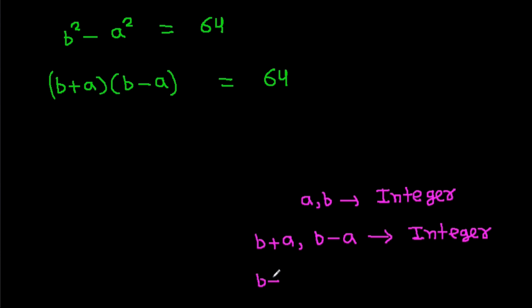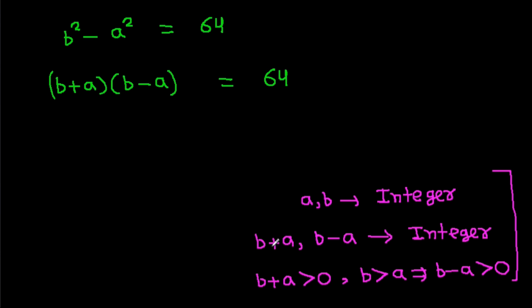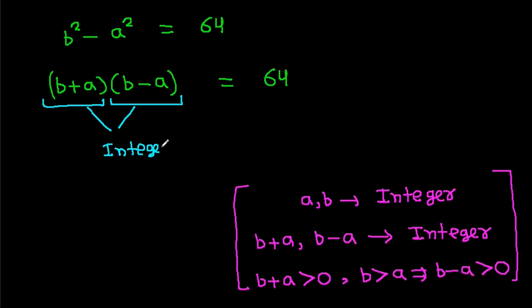And b plus a should be positive, and we know that b is greater than a, that means b minus a should also be positive. So b plus a and b minus a are integers, and 64 is a product of two positive integers.